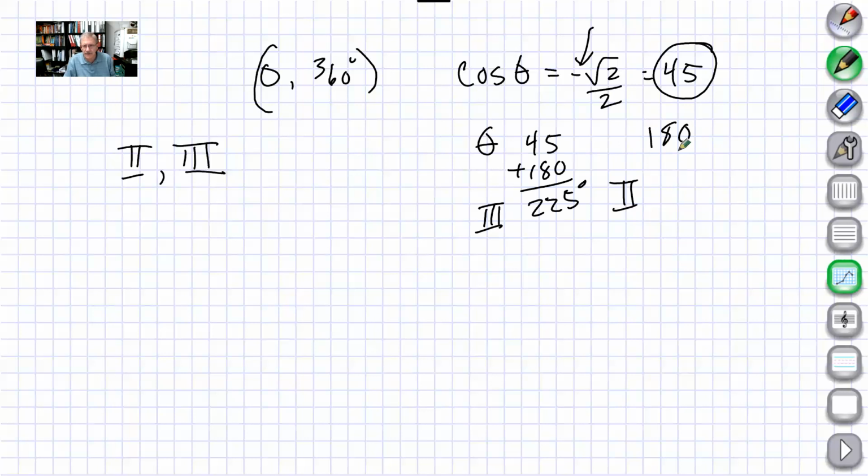Got ahead of myself. 135. So the angle we're looking for is either 225 or 135. We add for the third, we subtract for the second. These angles are between 0 and 360. This is our reference angle, but we're trying to find the actual angles. It's kind of the reverse of what we've been doing.